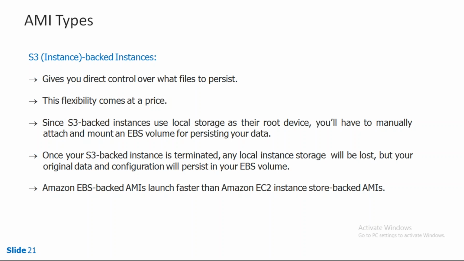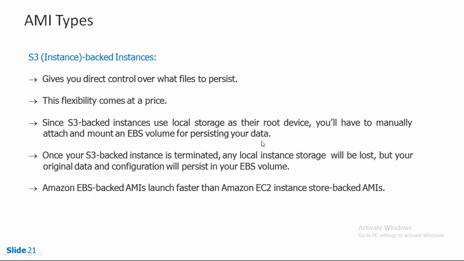It will give you direct control over what files to persist. This flexibility comes at a price. Since S3 backed or instance backed instances use local storage as their root device, you will have to manually attach and mount an EBS volume for persisting your data.